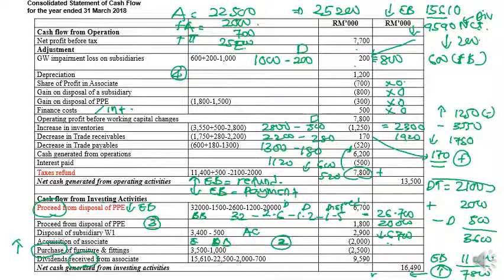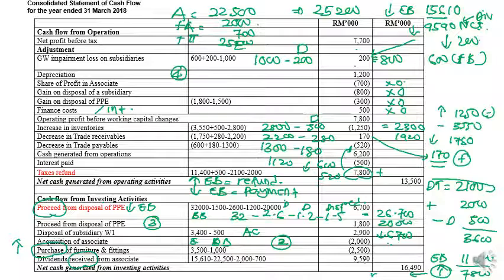Okay, and then other items that we have here are fixtures and fittings. For fixtures and fittings, there is no information, we just compare between the ending and beginning balance. Your beginning balance here is 1000, the ending balance becomes 3.5, so there is an increase by 2.5. Increase means purchase. Another item related to investing is the dividend received from associate, because you acquired associates here.